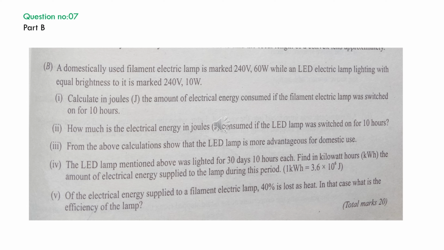A domestically used filament electric lamp is marked 240 volt 60 watt, while an LED electric lamp giving equal brightness is marked 240 volts and 10 watt. Problem number 1: calculate in joules the amount of electrical energy consumed if the filament electric lamp was switched on for 10 hours.